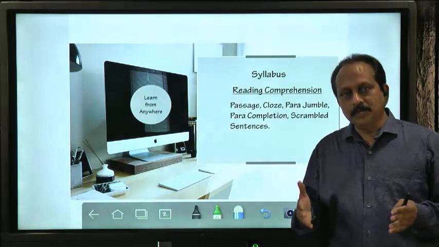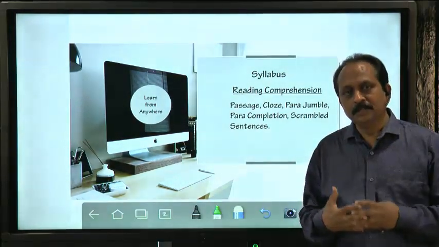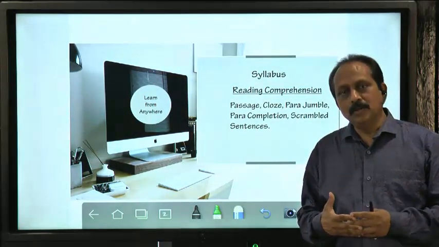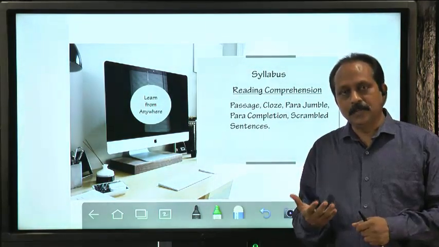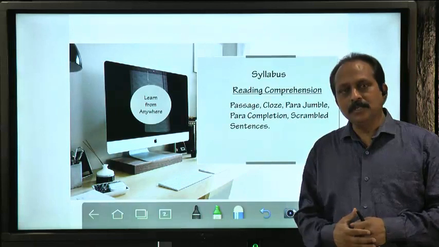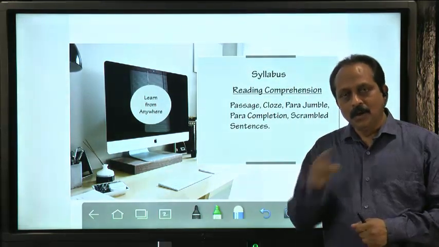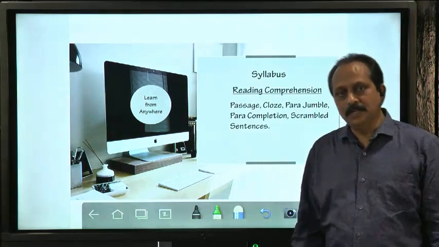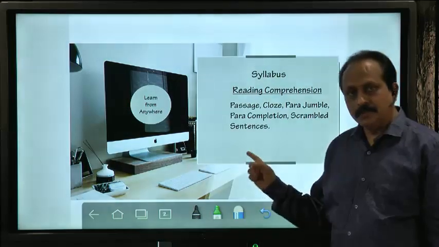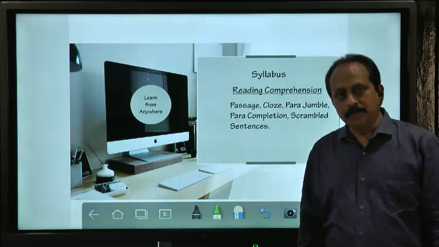In competitive exams, especially bank exams, they give passages and ask questions. In the descriptive paper they give topics, at the time of group discussion they give topics, and they touch certain topics at the time of the interview. All these topics are based on the SLEEPS concept, and based on that I bring the passages, and that will help you a lot. And I'm going to discuss how to read the passage.